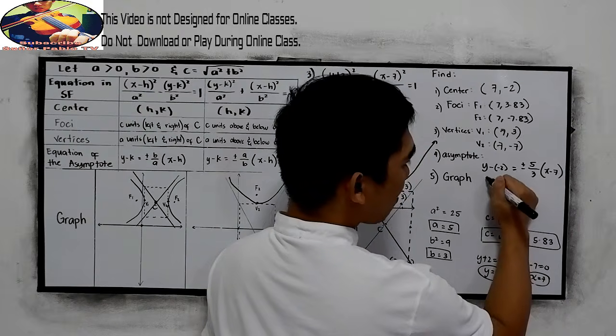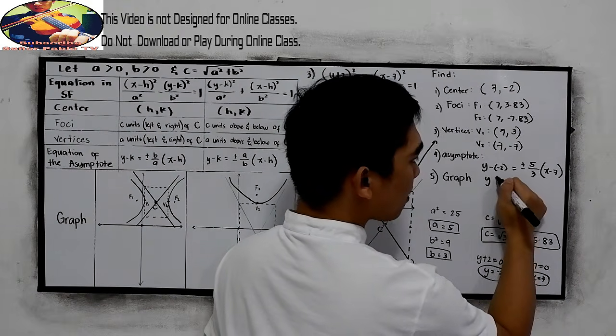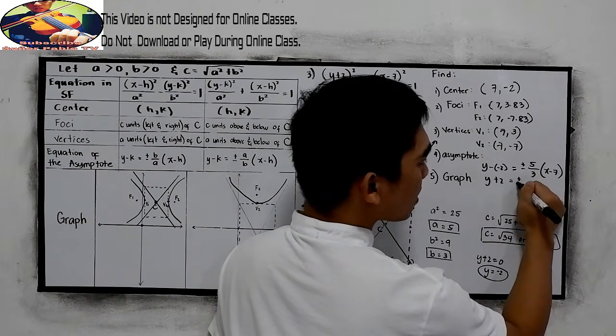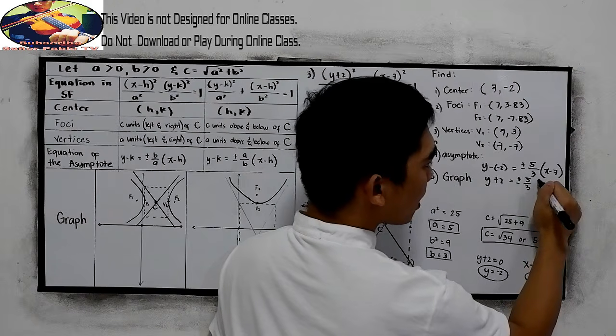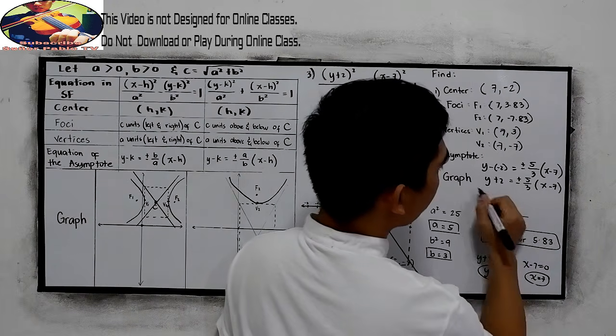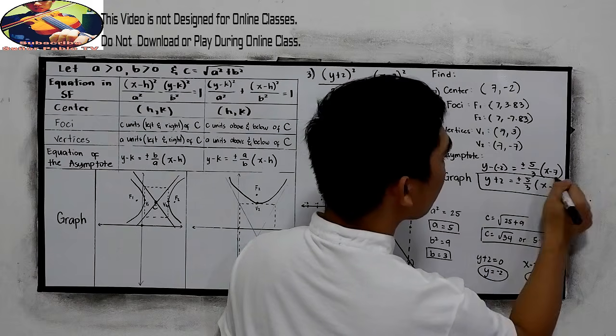Okay, so we have y, minus negative 2, that is plus 2, is equal to plus or minus 5 over 3, x minus 7. That would be the equation of our asymptote.